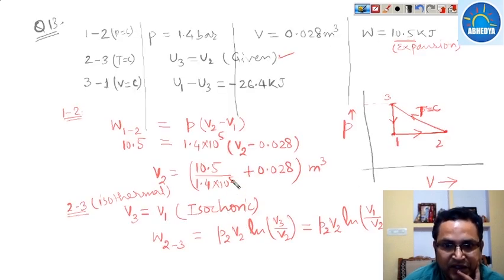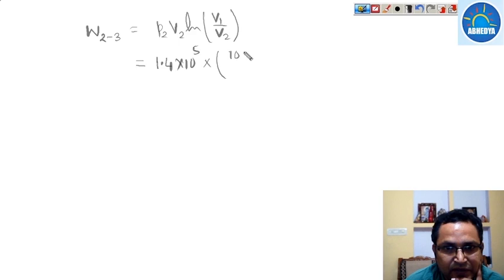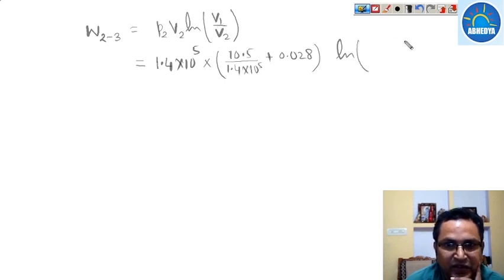V2 we can calculate from this: 10.5 upon 1.4 into 10 raised to the power 5 plus 0.028, ln of V1, the initial volume, that is 0.028 divided by 10.5 upon 1.4 into 10 raised to the power 5 plus 0.028.